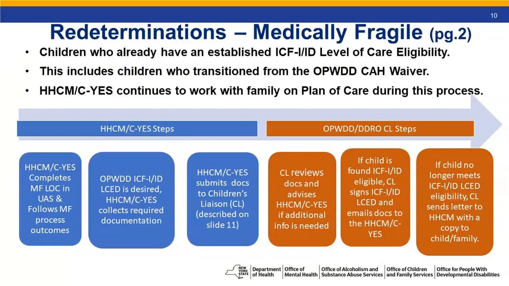In the manual, if you go to page 2, it shows the very first table, medically fragile redeterminations. On the slide, we pulled out the high-level steps and parties involved, but the manual itself really drills down into the detail that is needed for when you need to complete a certain step and move forward in the process.